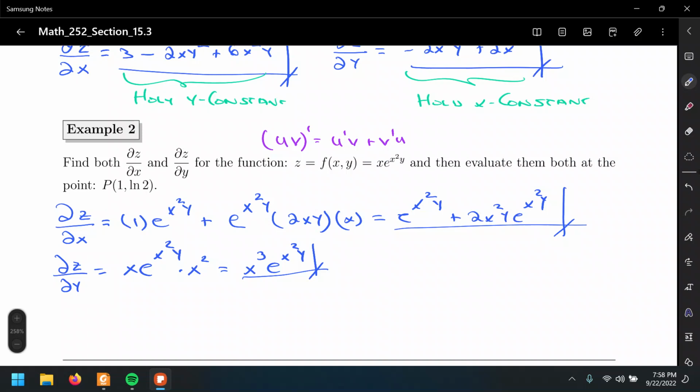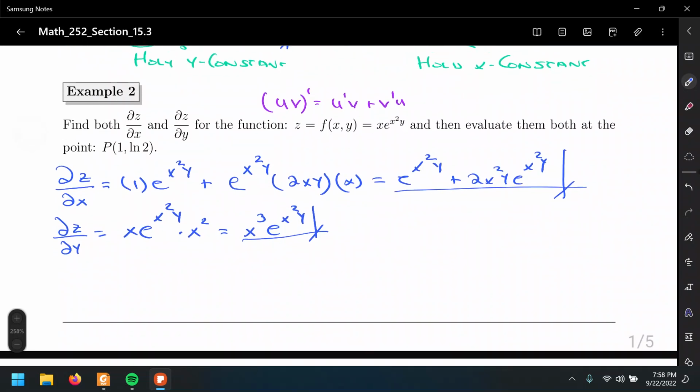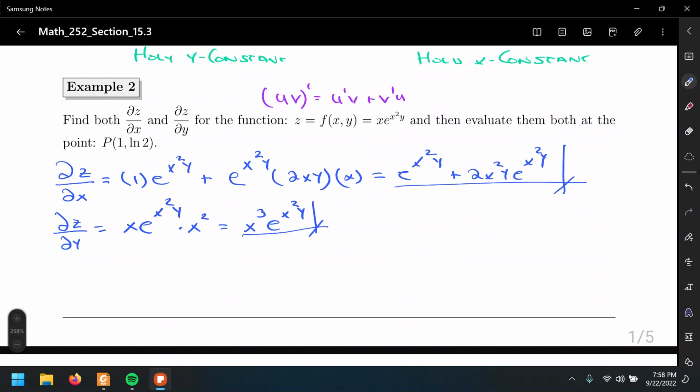And well, they're asking us to evaluate this at the point 1 comma ln of 2. Well, so number 1, dz over dx bar, this bar is to denote that we're going to evaluate at the ordered pair 1 comma ln of 2.